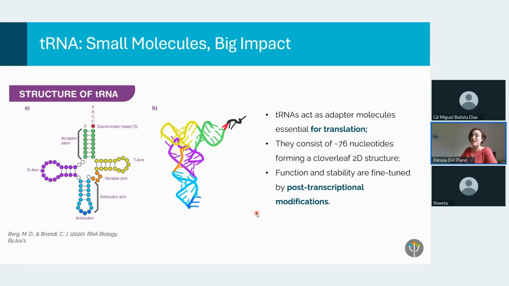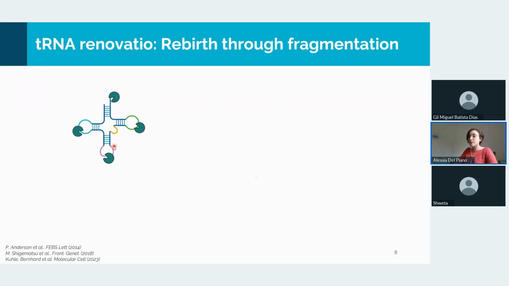Even if those are small RNA and maybe small in size, they actually play a huge role in gene expression and in disease development. So tRNA fragments are produced upon nuclease cleavage at the level of the loops of the full-length tRNA.